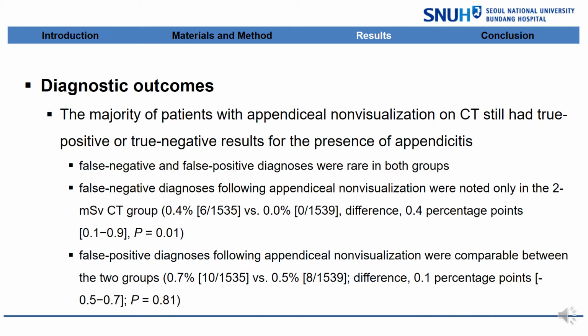The majority of patients with appendiceal non-visualization on CT still had true positive or true negative results for the presence of appendicitis. False negative and false positive diagnoses were rare in both groups. False negative diagnoses were noted only in the 2 millisievert CT group, and false positive diagnoses were comparable between the two groups.